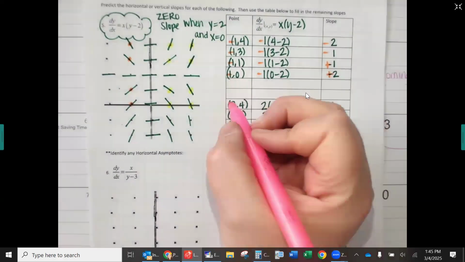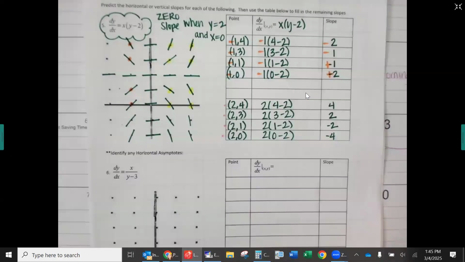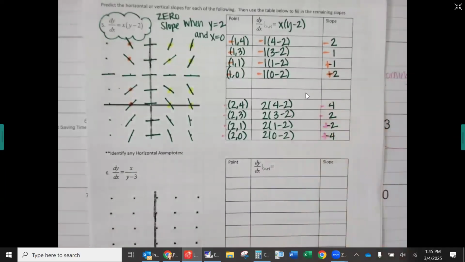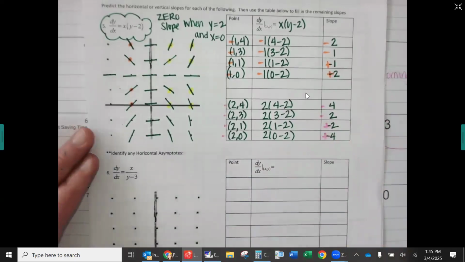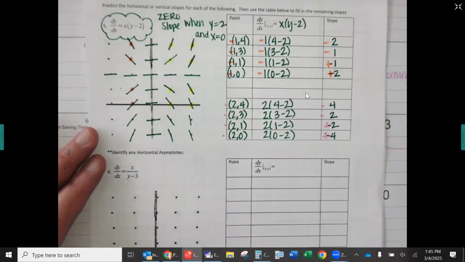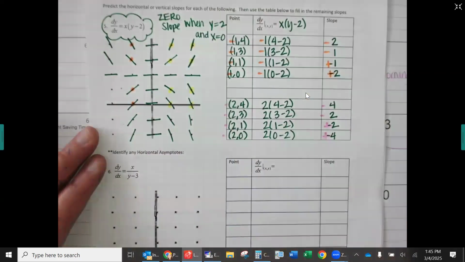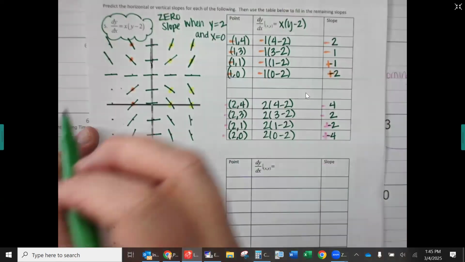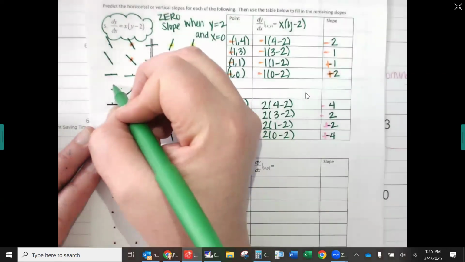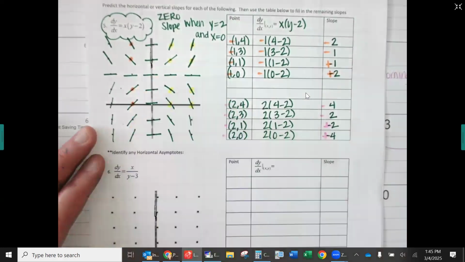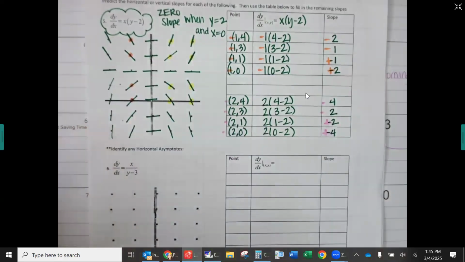So if this is now all minus 2's, then my top 2 will come out negative, my bottom 2 will come out positive. So at negative 2, 4, I'd be negative 4, negative 2. Down here, I'd be 2, 4, and then they should get steeper. Got it?